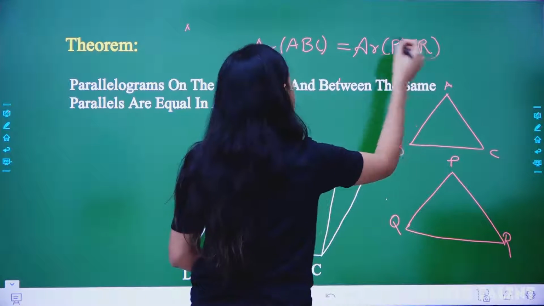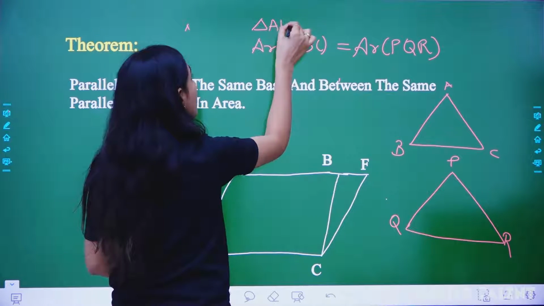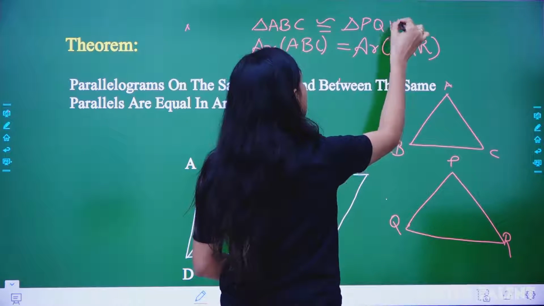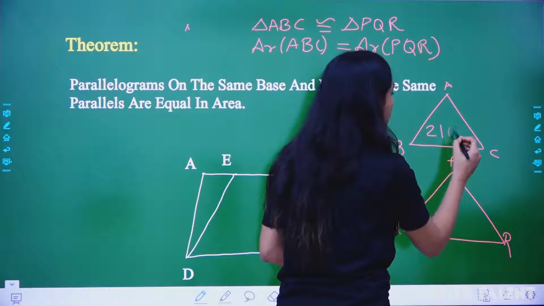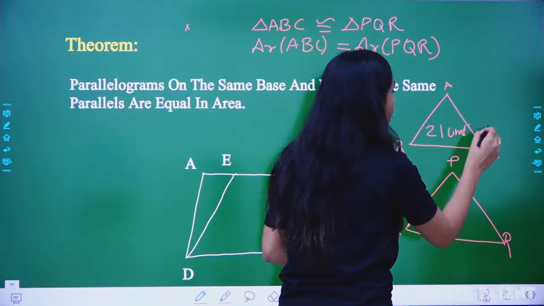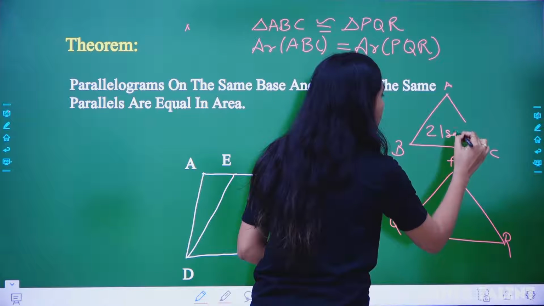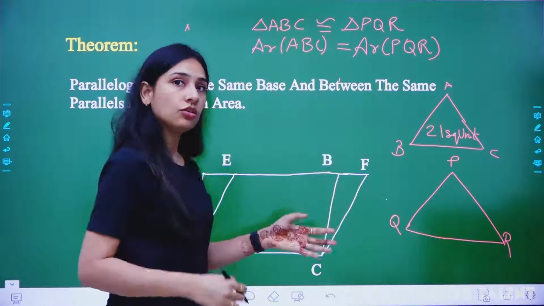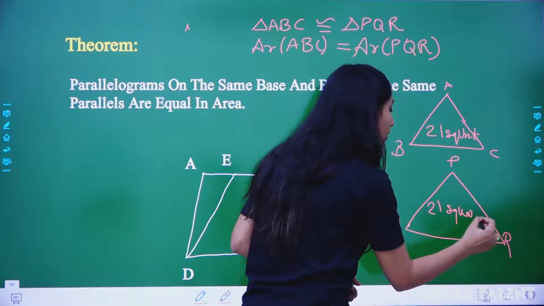Why? Because triangle ABC is congruent to triangle PQR. Let's suppose the area is 21 square units. This is the area of this triangle, so the area will be 21 square units here also.